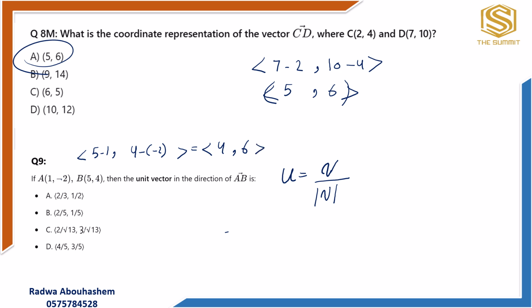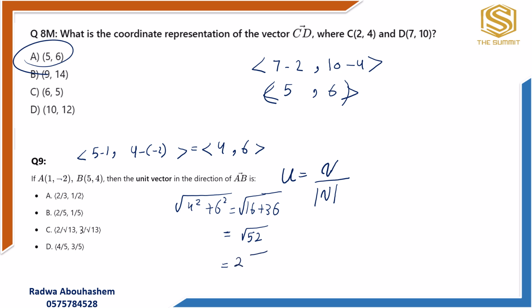Okay. Then let's get the magnitude here. Here's the vector. Let's get the magnitude. 4 power 2 plus 6 power 2. 4 power 2 is 16. 16 plus 36. So here, 52 is 13 times 4, so I could take the square root of it.